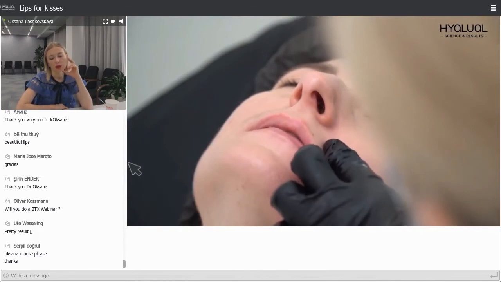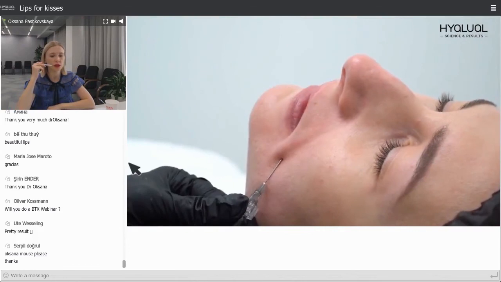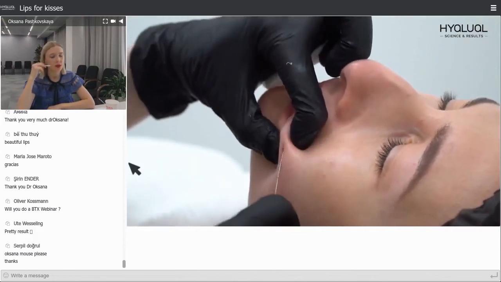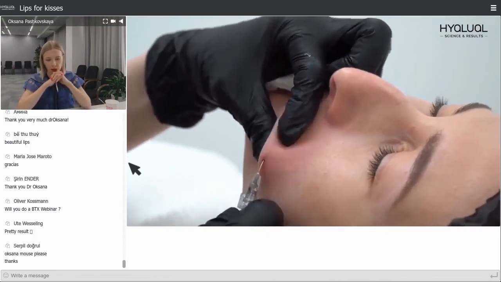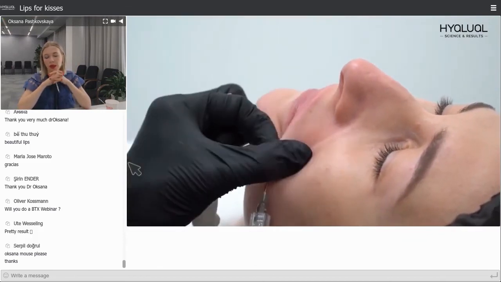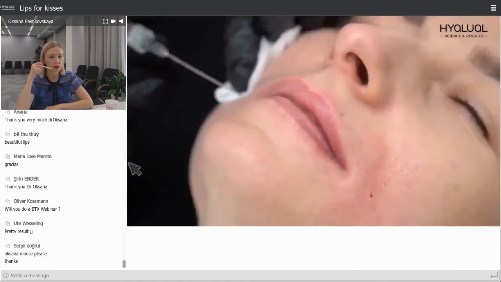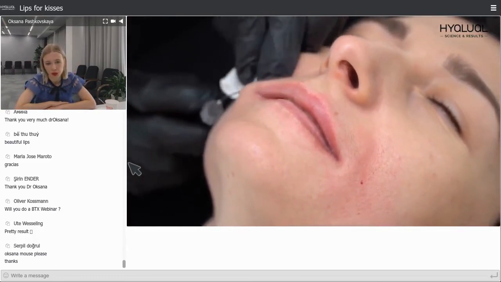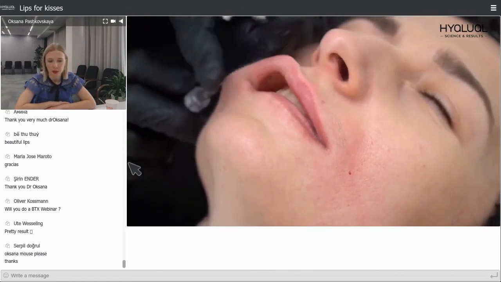You know, you also could inject through the commissure line, but I did it laterally because my cannula was too long, and I just tried to put my filler both superficially and deeper in the upper lip.